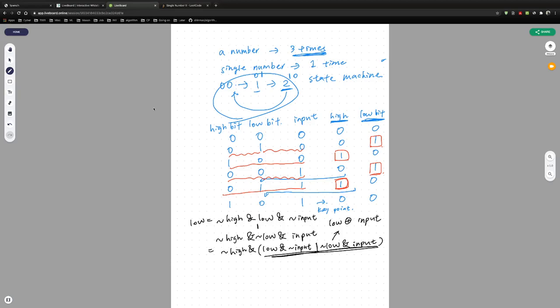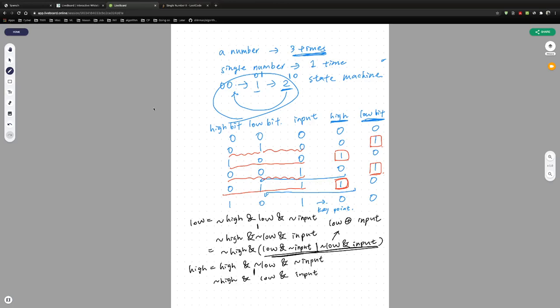Next is the high bit. High bit is high bit and reverse low bit and reverse input bit, or reverse high bit and low bit and input bit.